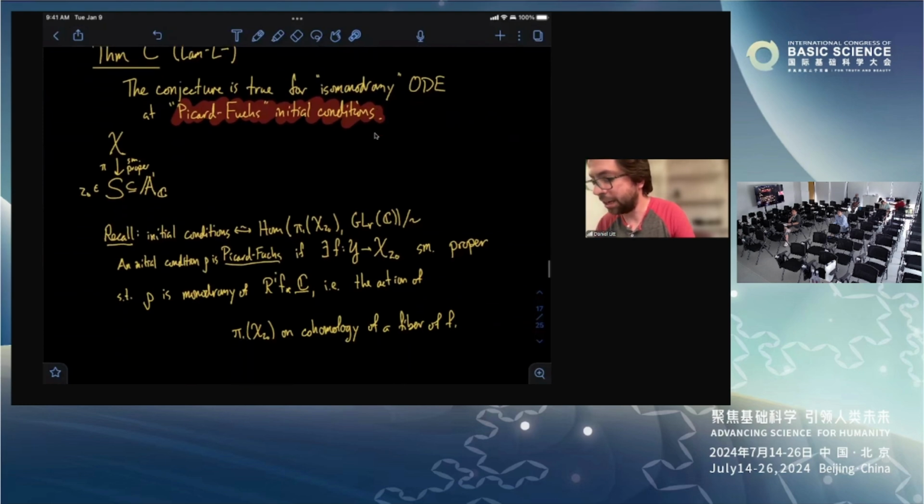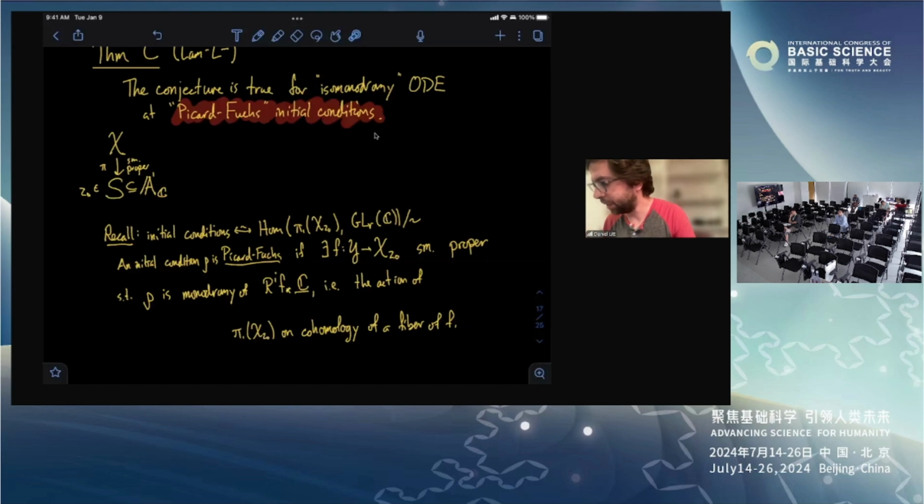So let me recall the setup. We have some smooth proper X to S, and I gave you some ODE whose initial conditions are in bijection with the space of isomorphism classes of representations of pi1 of the fiber. So an initial condition is a representation of pi1 of the fiber, or if you'd like, a flat bundle on the fiber.